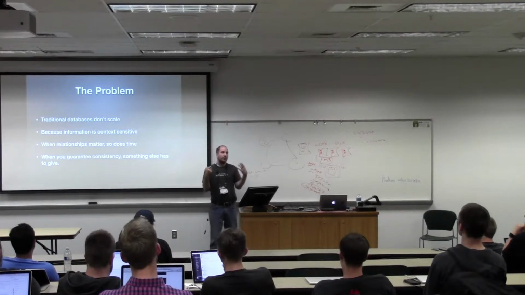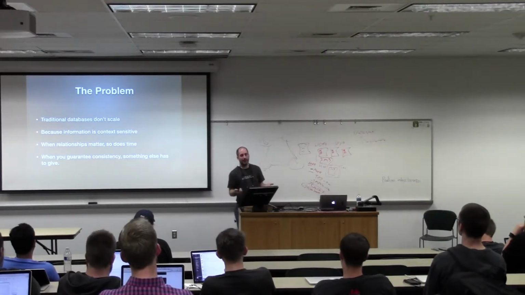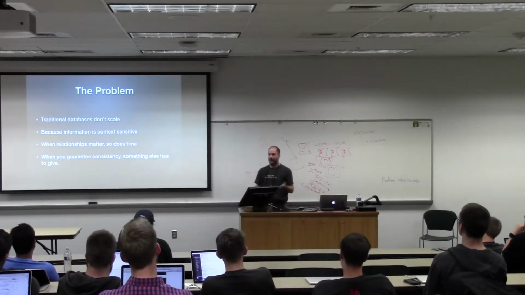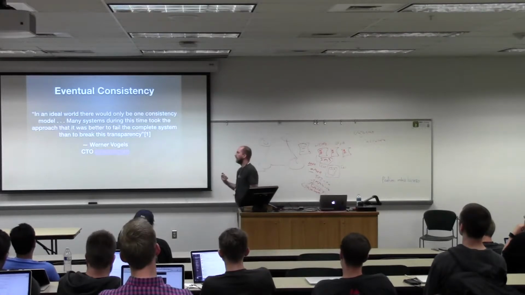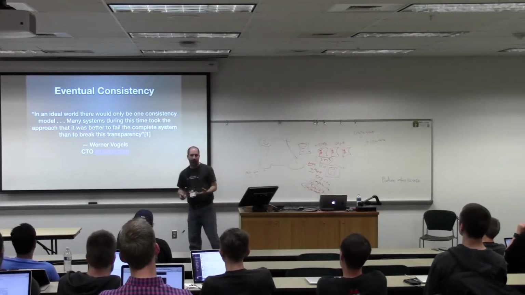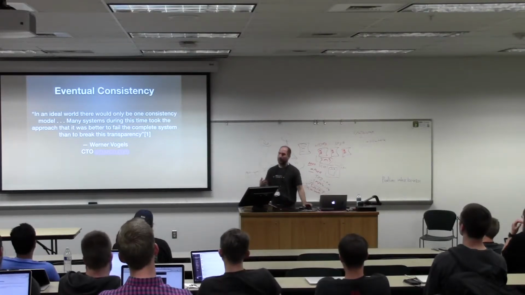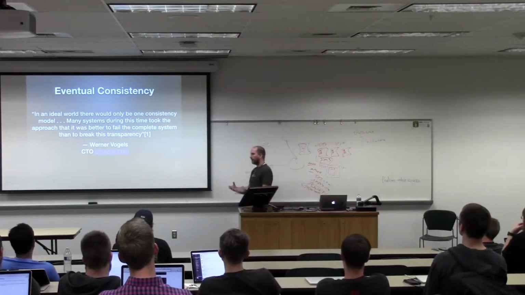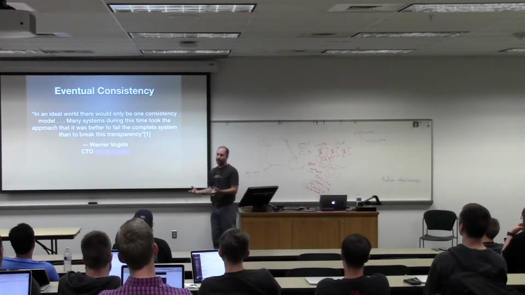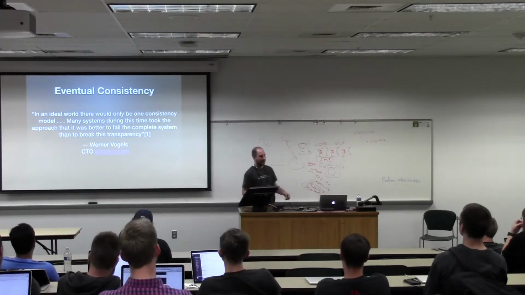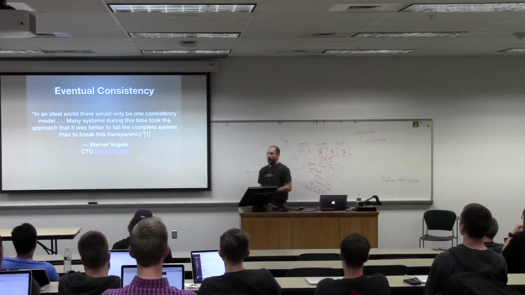So if we try to guarantee consistency in a system like that, something else has to give, right? And that's kind of the idea behind CAP and the reason why people started talking about different things than ACID transactions in the last 6 or 7 years or so.